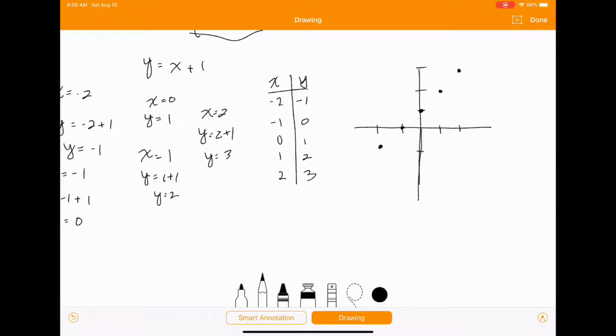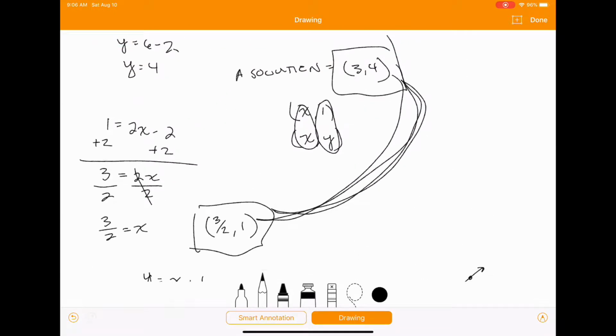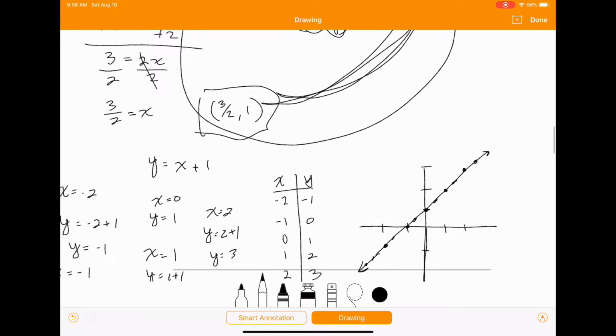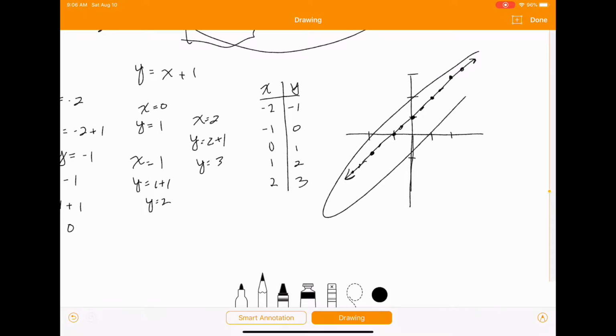So we plot those, we connect them with our straight line, and that is the graph of our function. And again, every solution is on this line somewhere. So every solution that you could find using this method that we learned up here is going to be a point on this line here.